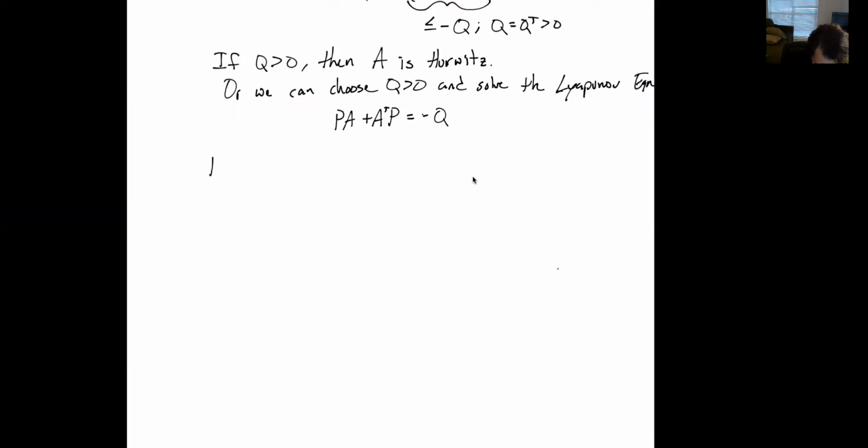All right, and so now we can look at a theorem, and I think I presented this theorem before. This is one of the Lyapunov theorems.